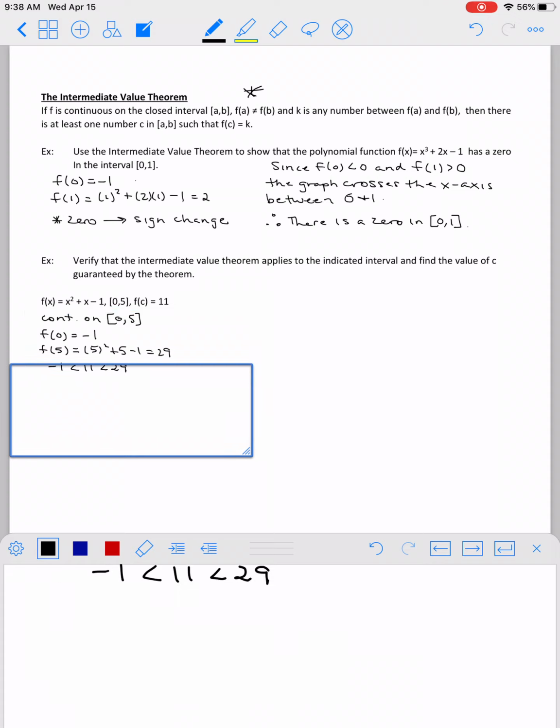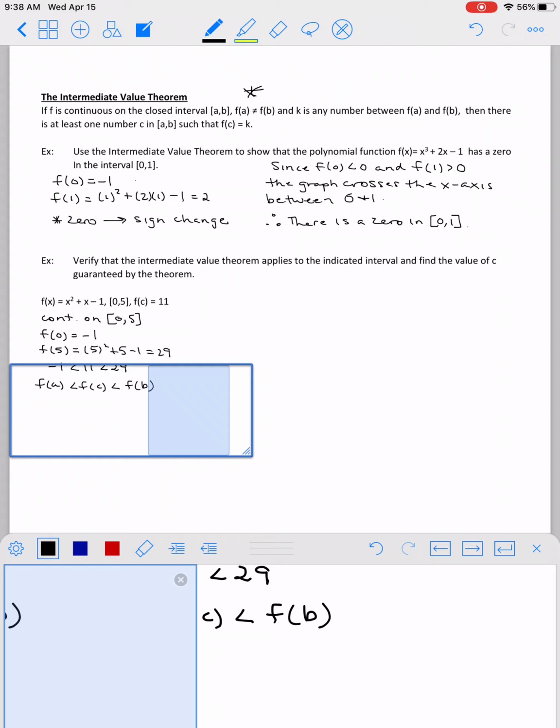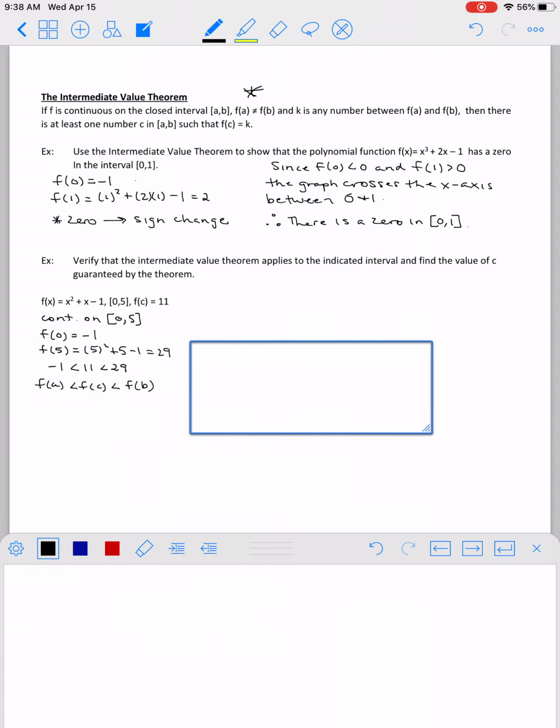So then the implication of that is that that y value that we're looking for, or the value of C that we're looking for, needs to be between -1 and 29. So now we're going to find out what that is.